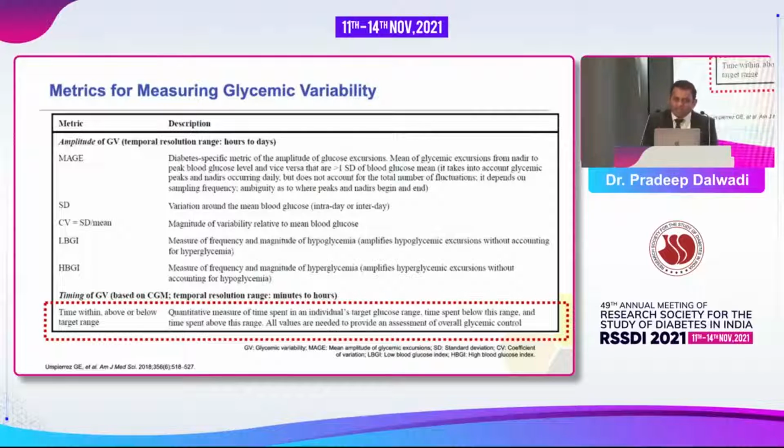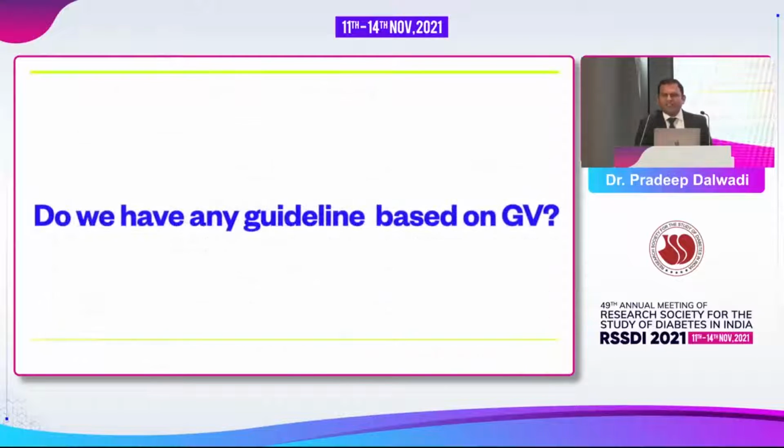Based on that, people have defined time in range, time above range, and time below range. This CGM-based data on glycemic variability helps us to plan a personalized treatment for diabetes patients. So definitely it has now become very easy to assess glycemic variability even in clinical practice.